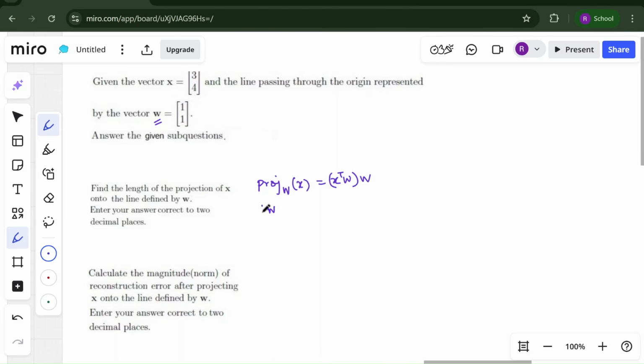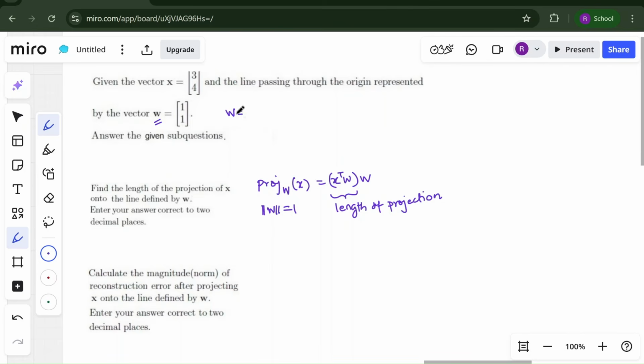when the norm of w is 1, and the length of the projection would then be x transpose w. But here we are using w with norm 1, so w is updated.